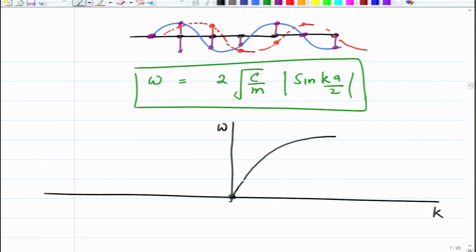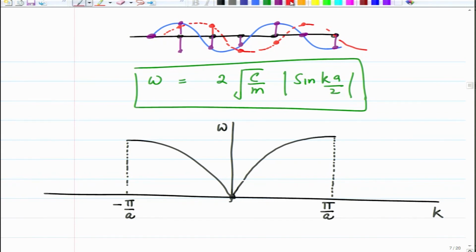Same thing on the other side. It flattens out and hits a maximum at pi over a, and a maximum at minus pi over a. Remember, there is a mod in the formula, so minus pi over a and pi over a does not matter.